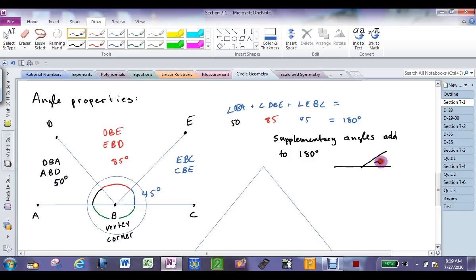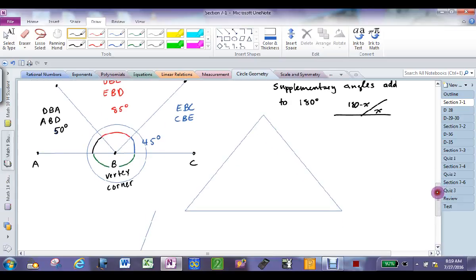So if this angle here is x, an unknown amount, then what is this? 180 minus x. Cool? If you know two of them, do you know the third? Yes. If there's four and you know three of them, do you know the fourth? Yeah, everybody got it? Okay, easy peasy lemon squeezy.